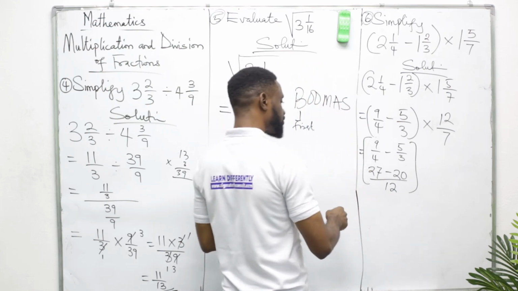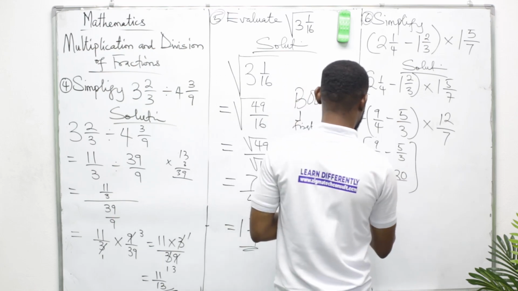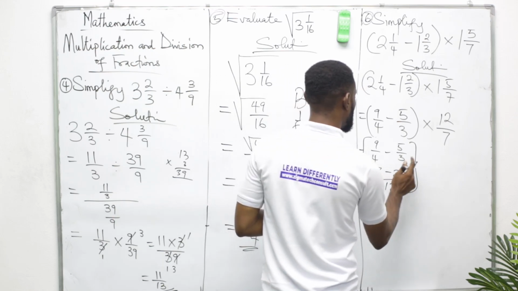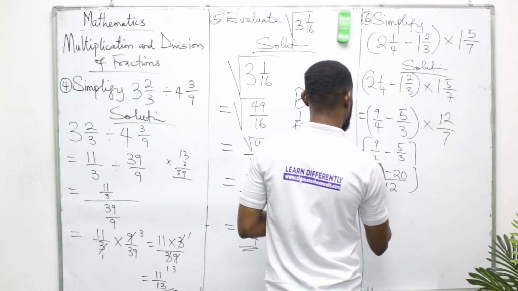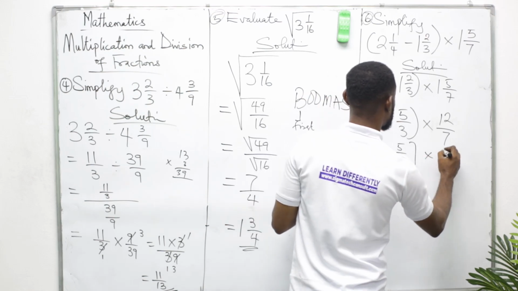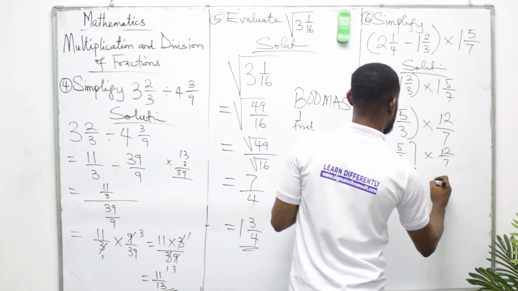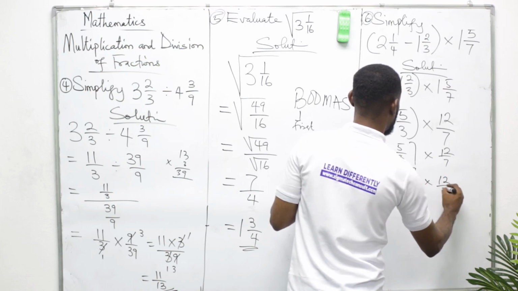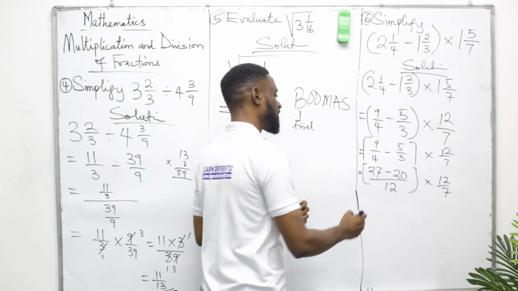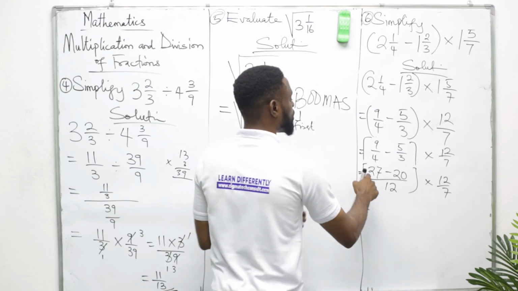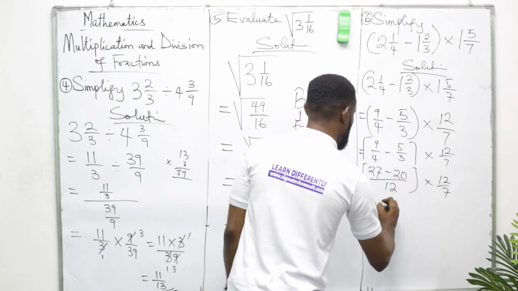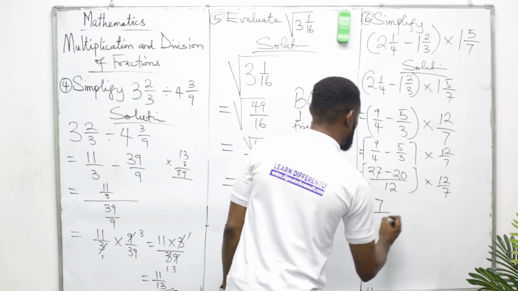All right. So we are having this now to be equal to, times 12 over 7. Then here is times 12 all over 7. Do you understand that now? So what this means is, if we are opening this now, 27 minus 20 will be 7 all over 12.